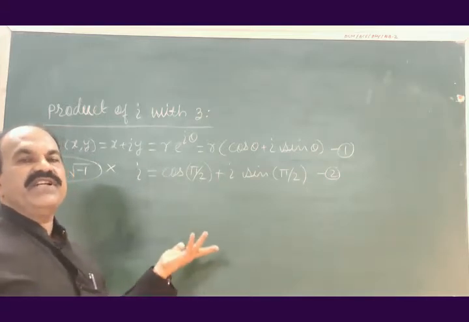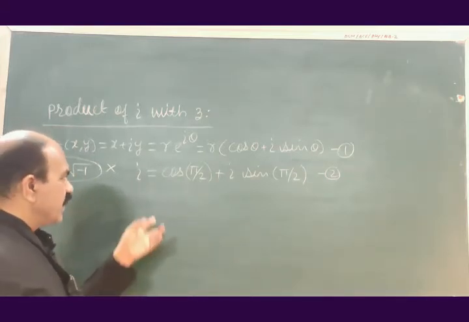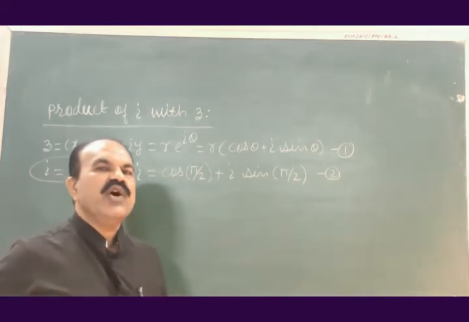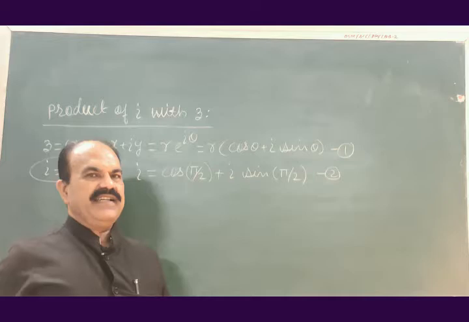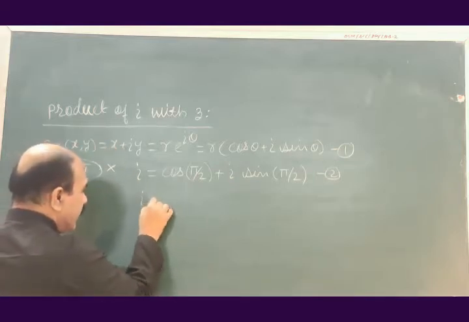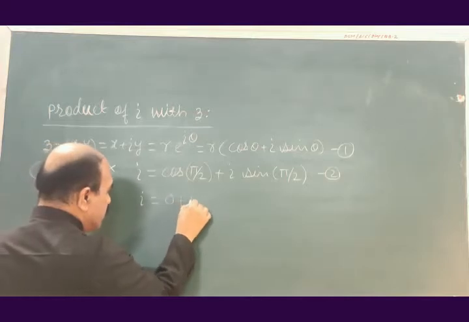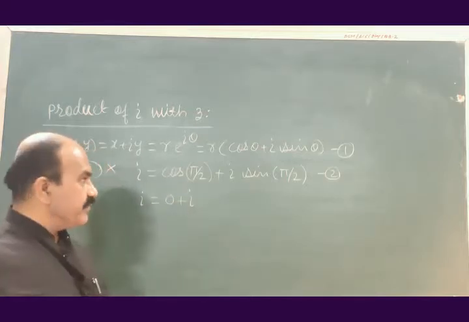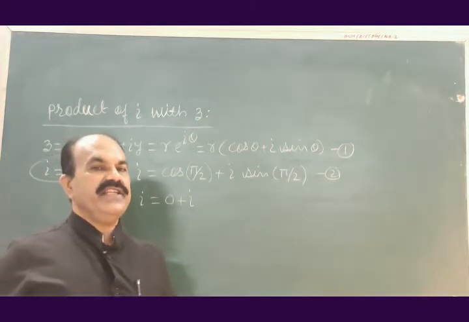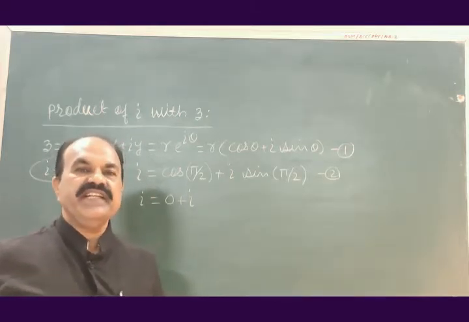Let us verify whether it is correct or not. What is cos pi by 2? Cos pi by 2 is cos 90 degree. And what is cos 90 degree? It is 0. Plus i, what is sin pi by 2? Sin 90 degree. And what is sin 90 degree?